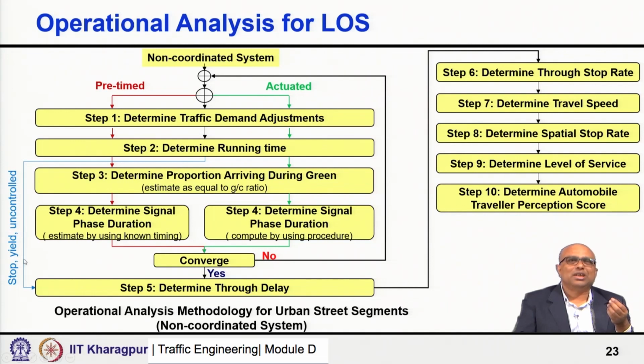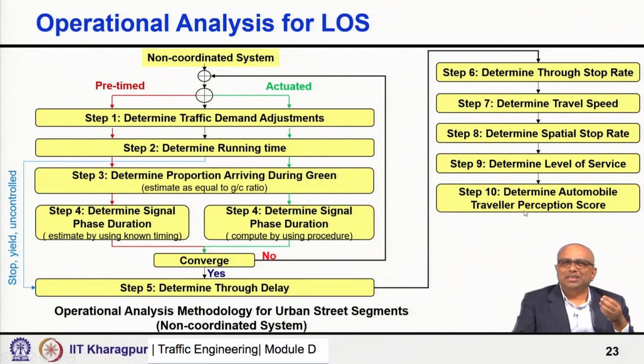So directly we can come from step 2 to step 5 to determine the through delay, and then once the delay is known, we determine the through stop rate, then the travel speed, also the spatial stop rate, and then accordingly determine the level of service.